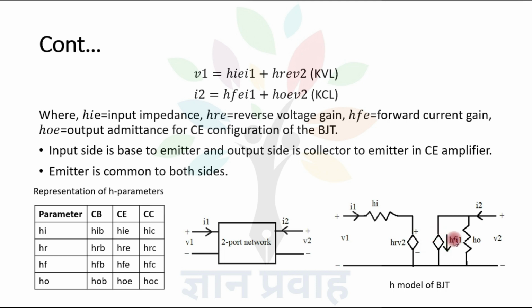The dependent current source HF I1 is connected here. V2 is the output side voltage and here we are calculating the KCL equation. It means HO is an admittance which is connected in parallel with V2. So here HO is connected in parallel with V2. That is the H model for BJT.